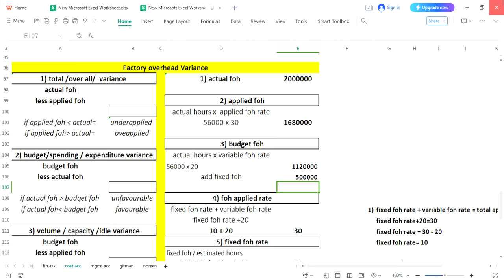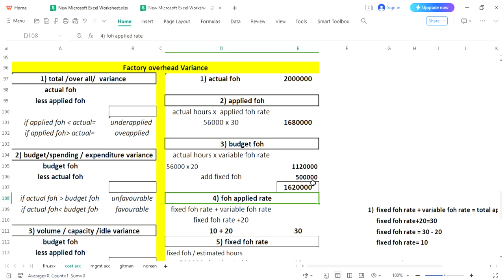Alright. So now it has been written that if you add fixed FH to the first statement, you will get your budget FH. So we can add the first statement and it would be added 5 lakh.